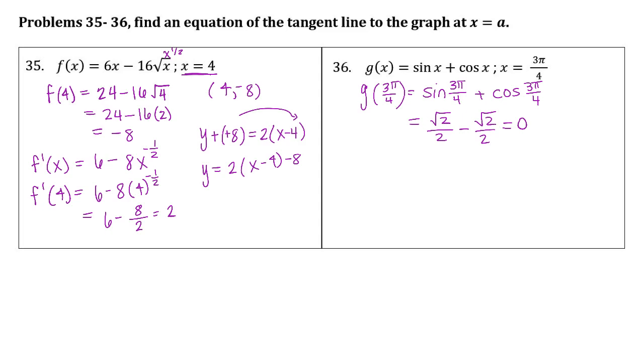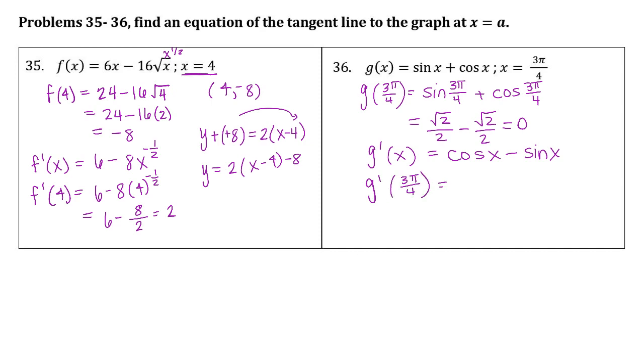And now we need our derivative value. So g prime of x is cosine x minus sine x. Now we need g prime at 3 pi over 4.